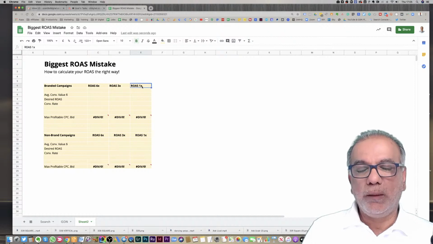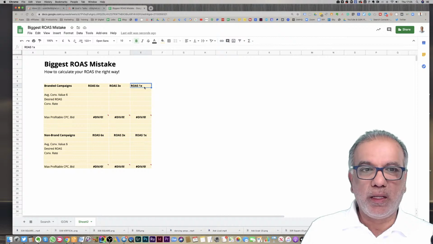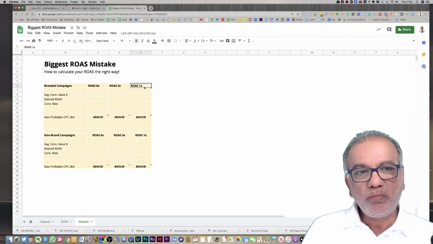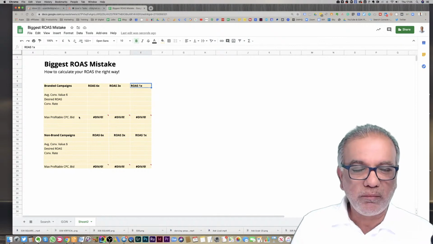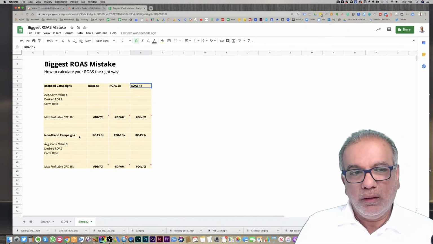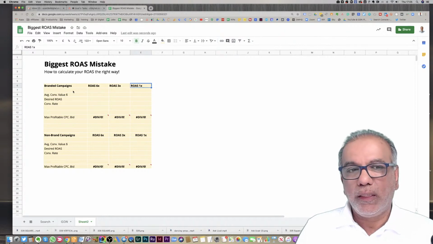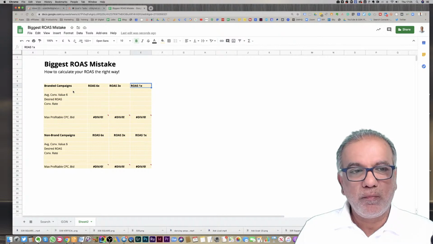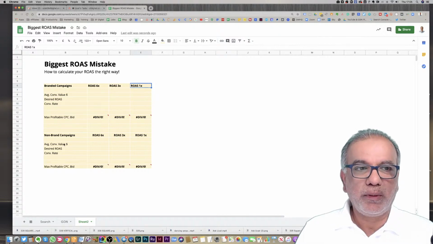And minimum 1x, which is 100%, where you put in 1 and you're getting back 1. I've got two types of campaigns here, branded as well as non-branded. So branded campaigns will always have a higher conversion rate, for sure. Every kind of brand campaign will have, and non-branded obviously will have a bit less.